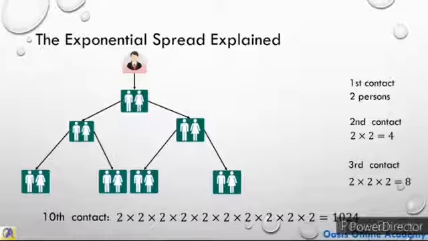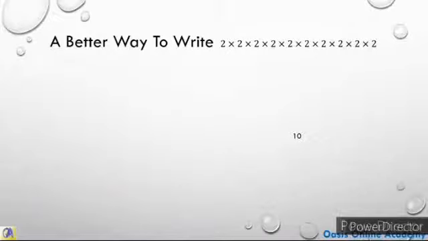But you will observe that there is a challenge here. To write 2 times 2 times 2 repeatedly 10 times, there is a possibility of making an error and writing 2 many more times or fewer times than is required. And that can lead to errors in the statistics. So there should be a better way of writing this expression to avoid errors.